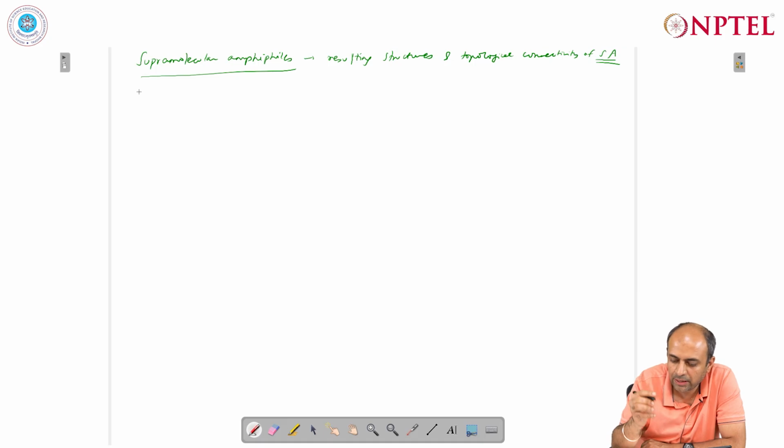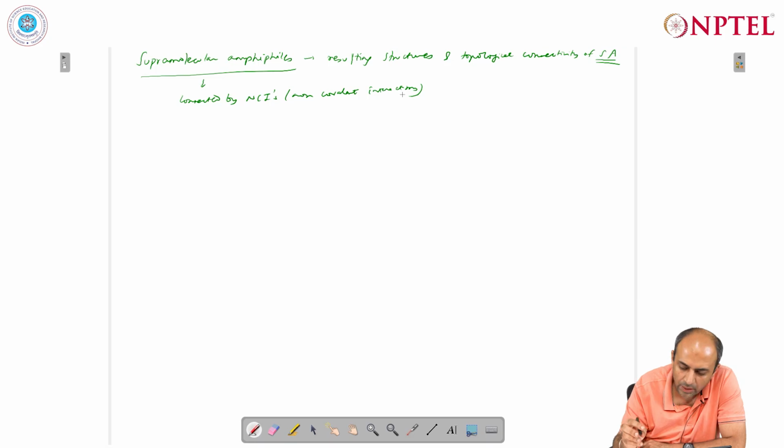which are actually connected by NCIs, which I call as non-covalent interactions. So now let us look at the different types of supramolecular amphiphiles.